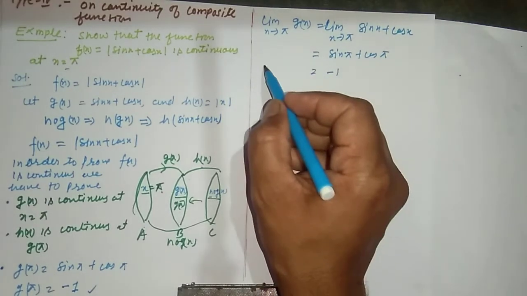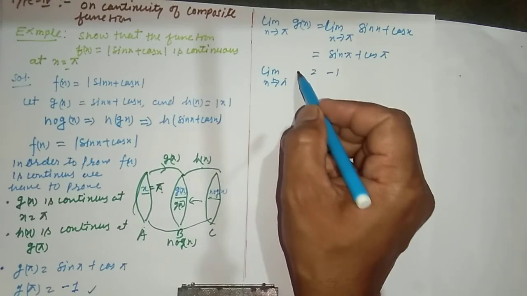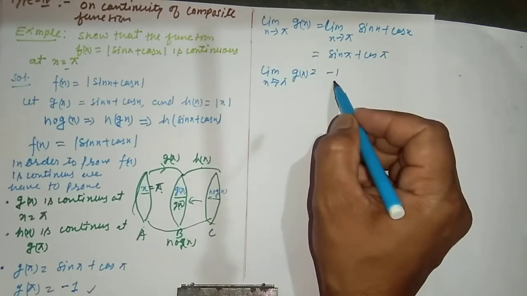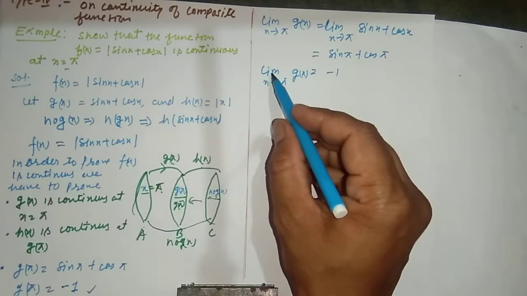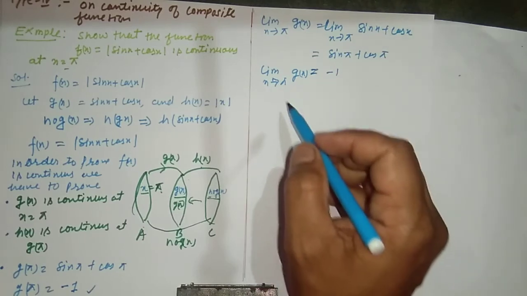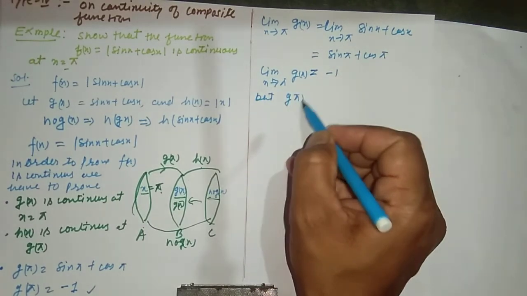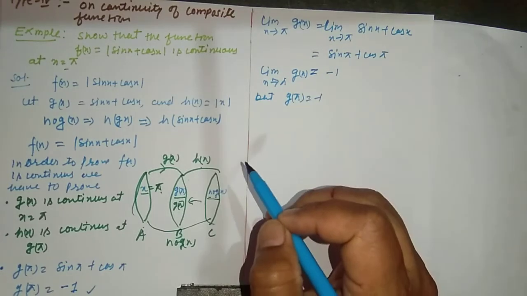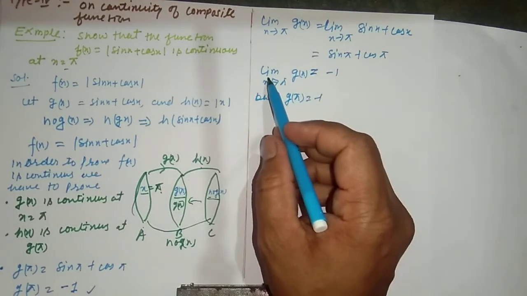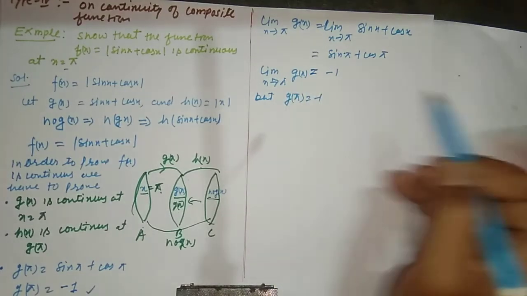So the limit x tends to π of g(x), this value is -1. Clear? Whose? The limiting value. But g(π), what do we have? -1. So the value of the limit is equal to the value of the function.